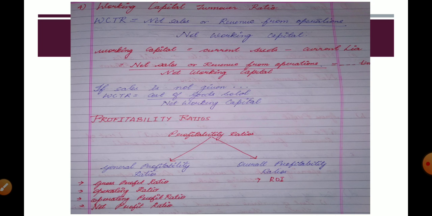The profitability ratio can be divided into two, that is general profitability ratio and overall profitability ratio. General profitability ratio includes gross profit ratio, operating profit ratio, and net profit ratio. And overall profitability ratio you have to study in this book is only one ratio, that is return on investment. Okay, so now we discuss the profitability ratio.